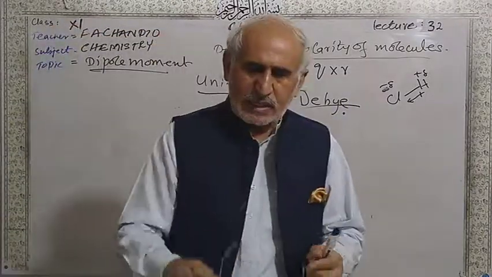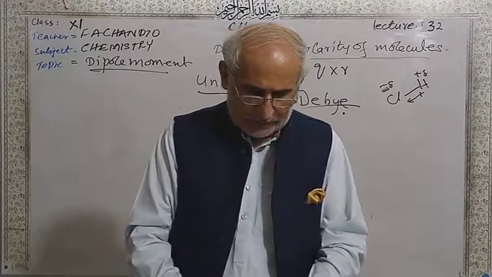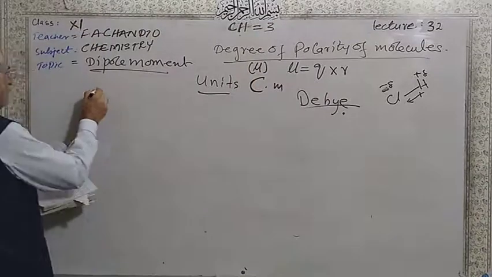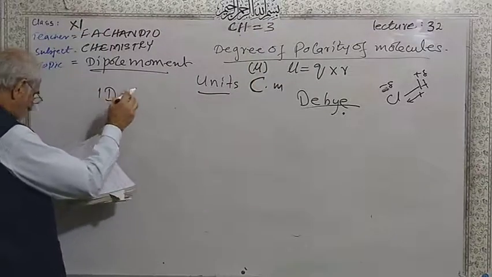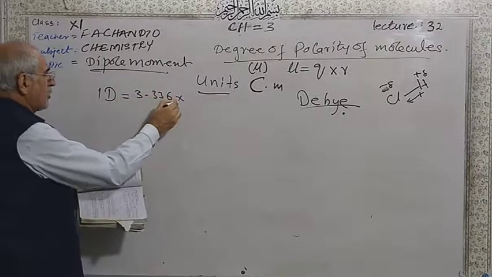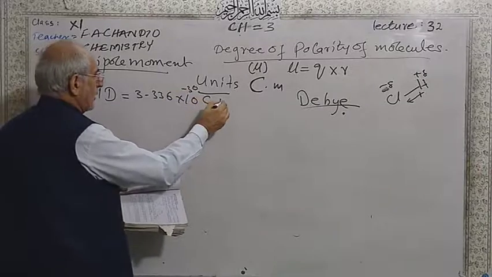He gave the constant value: 1 D is equal to 3.336 into 10 raised to the power minus 30 coulomb meter.